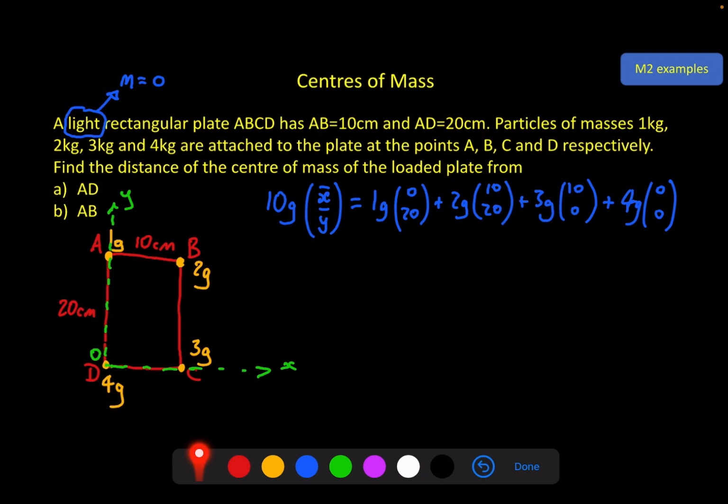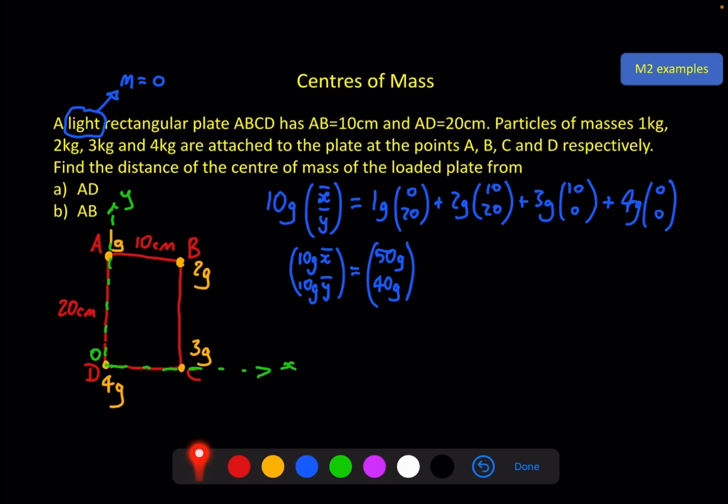I'll phrase the next line slightly differently. I'm going to put the 10g multiplier inside here, like this. And on the right hand side, same as before, 50g on the x and 40g on the y component.